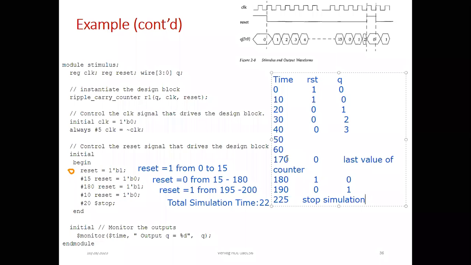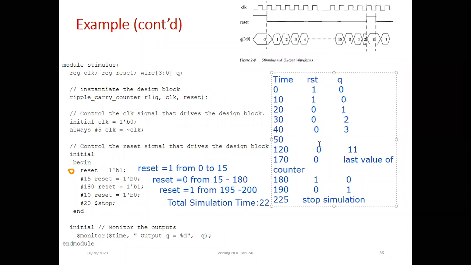At the time of 120, we will get Q equal to 11. So I will write here, at time 120, Q is equal to 11. You can see I have not written any value here. Here reset is 0 and I'll get Q as 11. Like this it will go. This is your simulation output window.